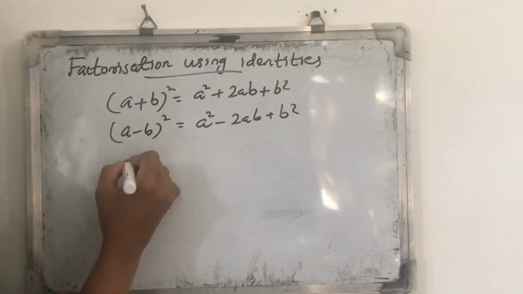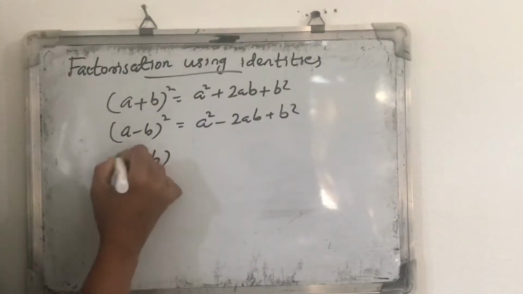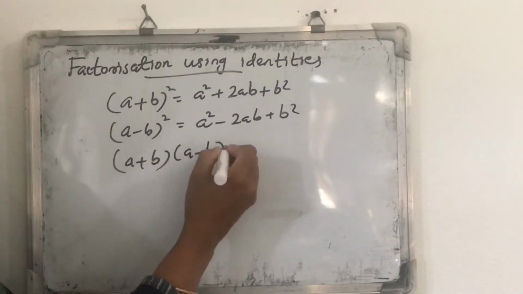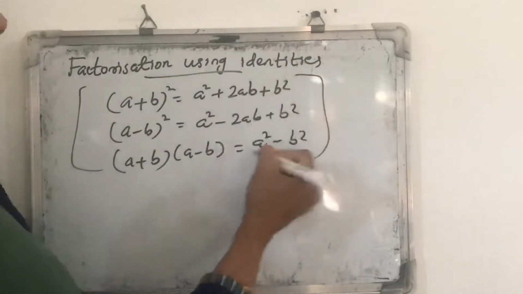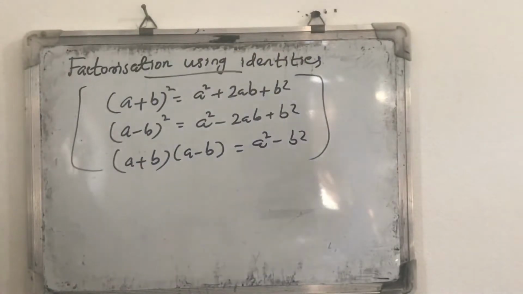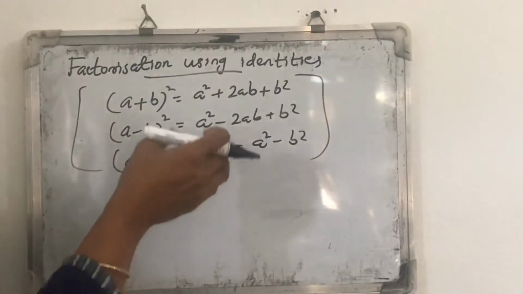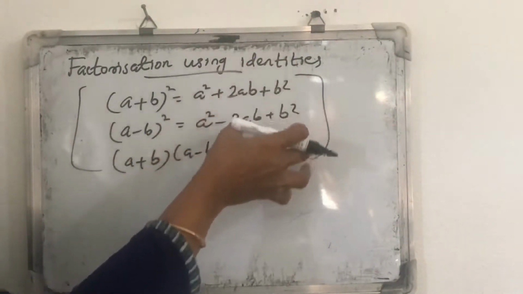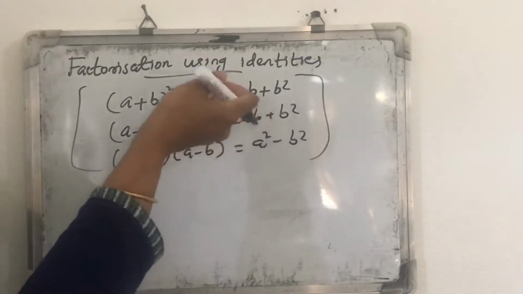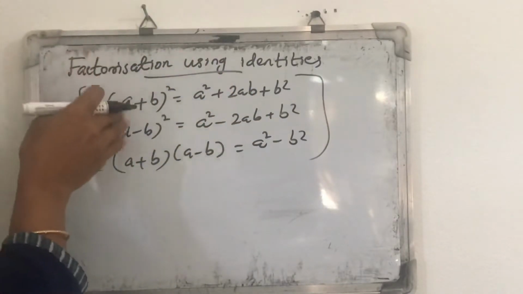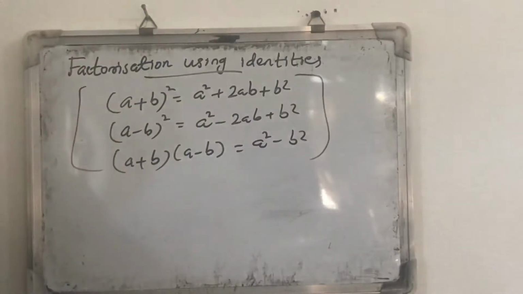And also (a plus b) into (a minus b) equals a square minus b square. If the given expression is in the form of this right hand side, then we can write its left hand side, and that will be the required factorization.